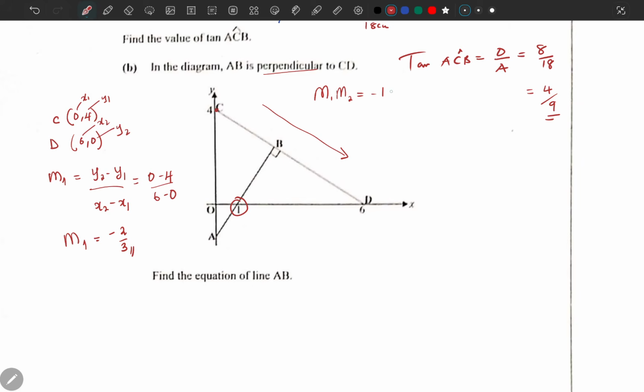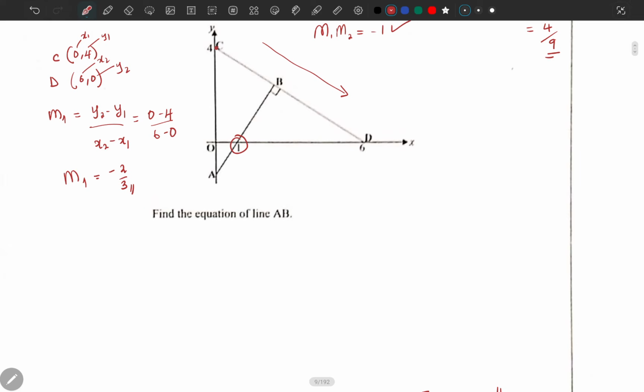Now that you know the gradient, recall the formula. Now that we know the gradient for line CD, let us find the gradient of line AB using that formula. So gradient of line AB multiplied by gradient of line CD should give you -1. So gradient of line AB multiplied by negative 2 over 3 equal to negative 1.